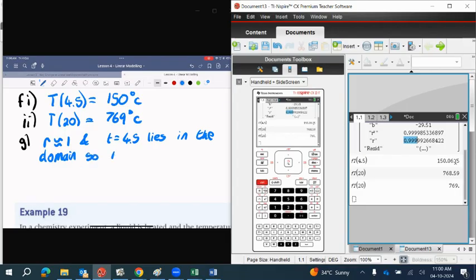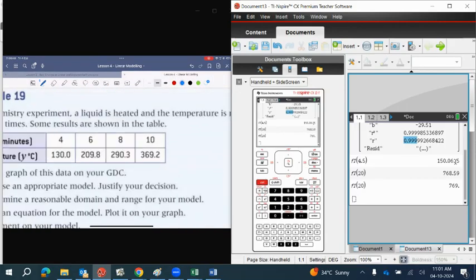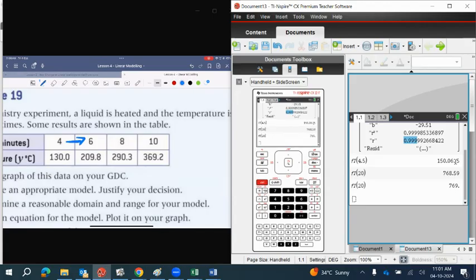So 150 degrees centigrade is reasonable. As the values go from 4 to 4.5, you are going to get 150 lying in the middle here.